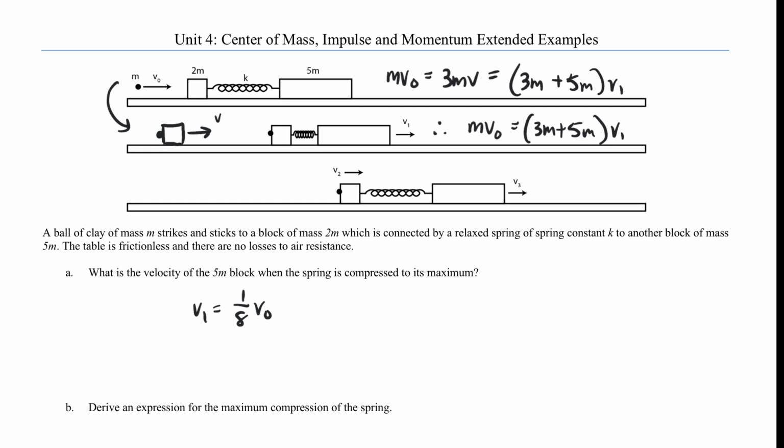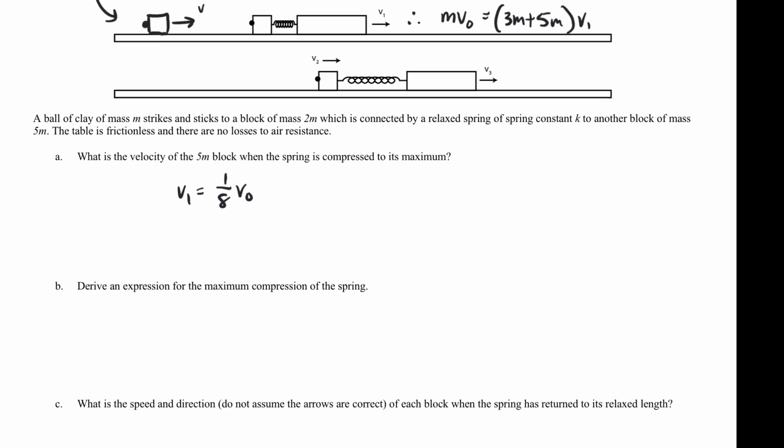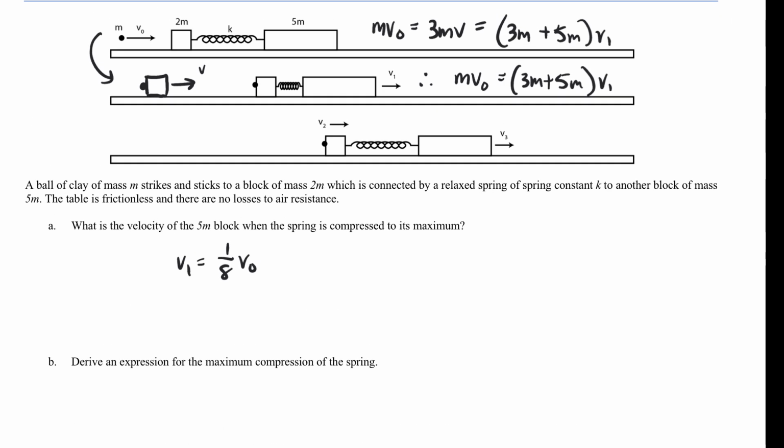All right, that was the easy one, right? The next one's harder, but it's not that much harder because energy is conserved here. The energy that was lost by the two blocks didn't just go into the universe someplace. The energy stayed in the spring. Now, don't get me wrong, energy was lost during this transition.